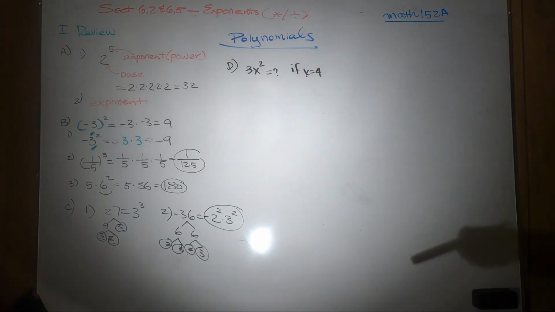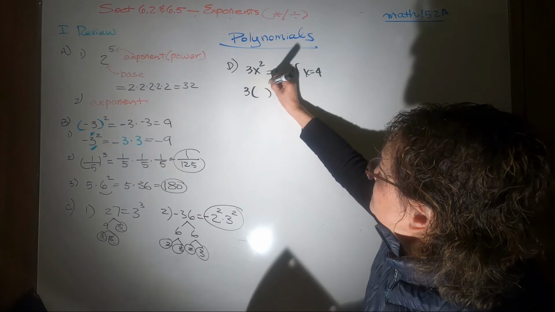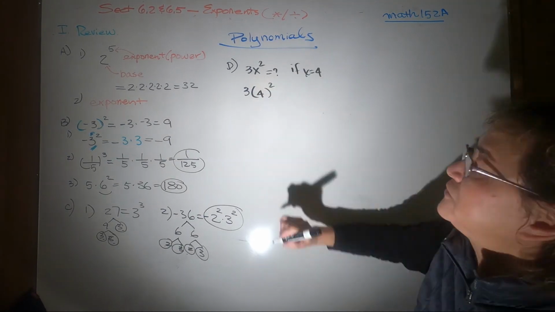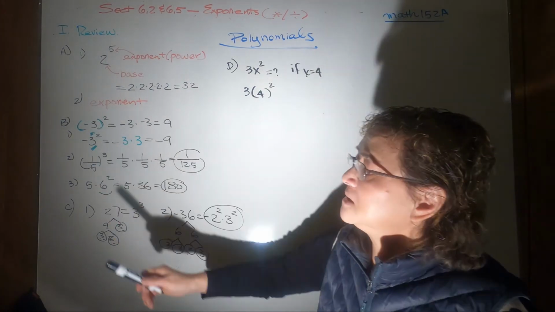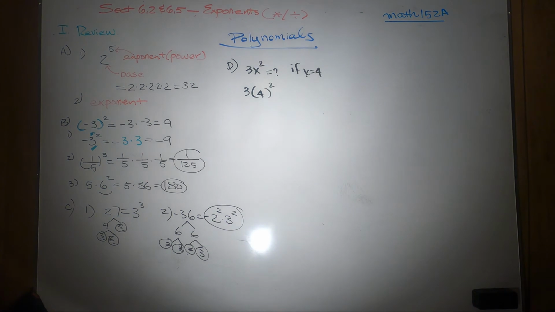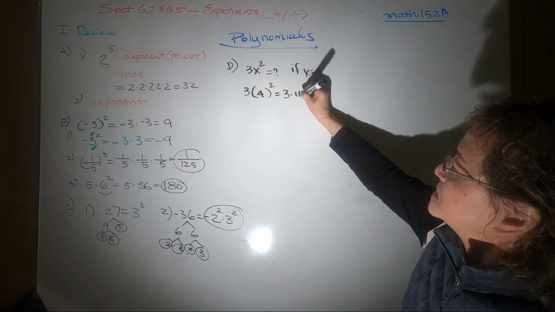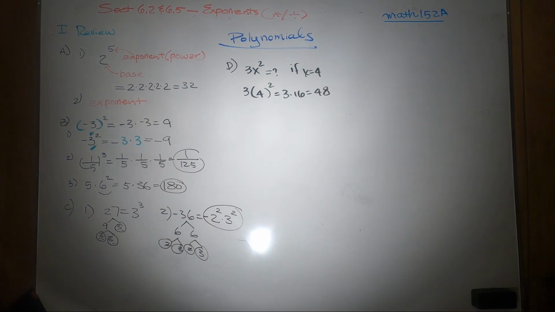You plug in x with 4, right? It's better you put parentheses around your variable, so as to take care of the negative signs. You see, they make a difference, right? So what do we have? That's 3 times 16, that would be 48, right?